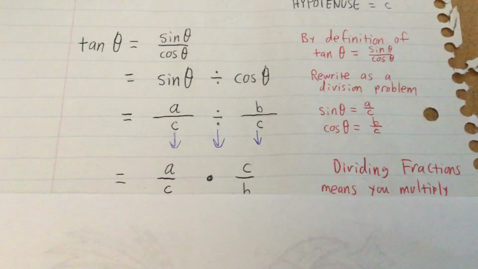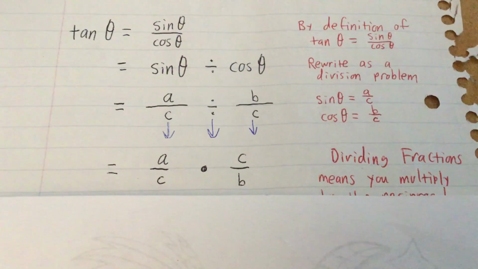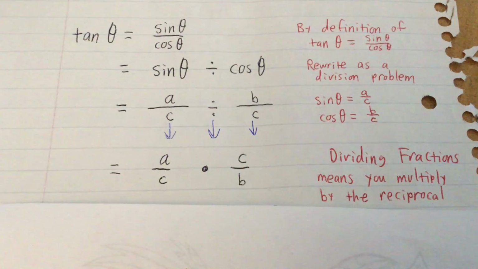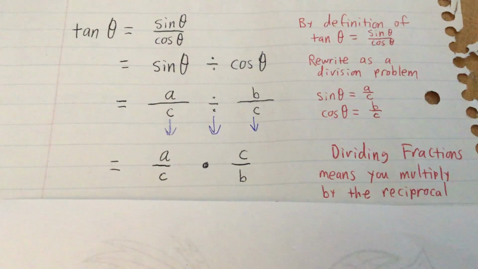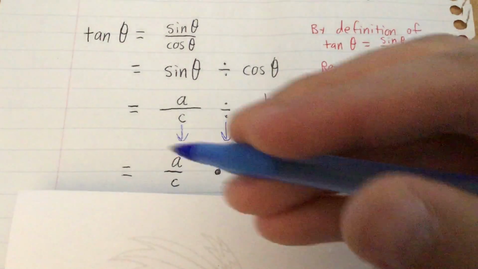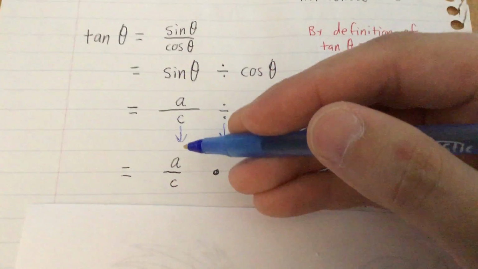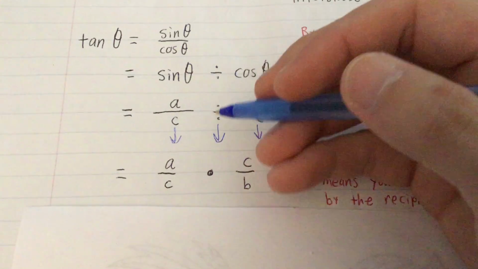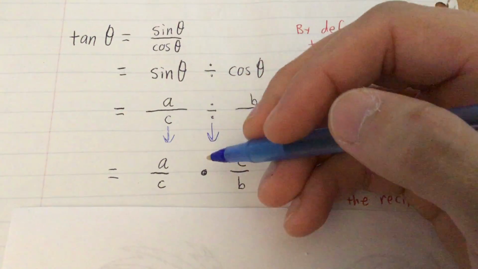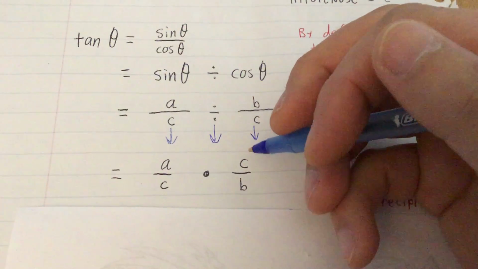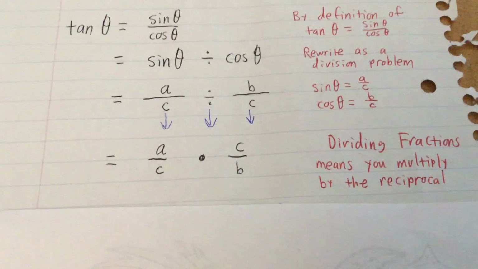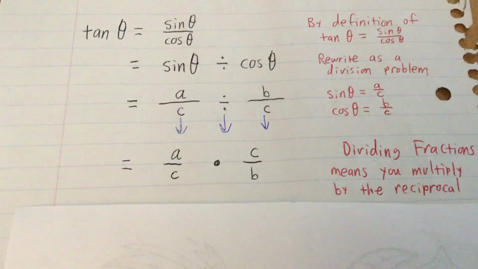So bring down A over C, turn division into multiplication, and turn the divisor into its reciprocal. Bring the dividend down. Dividend, that's a big vocabulary word, aka the first number in the division problem. The division turns into multiplication, and B over C becomes C over B, because when you divide fractions, that means you multiply by the reciprocal.